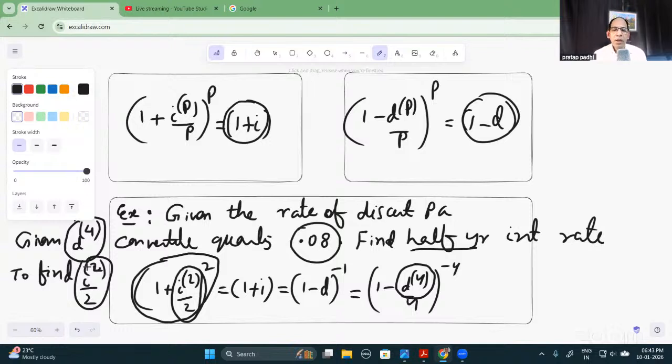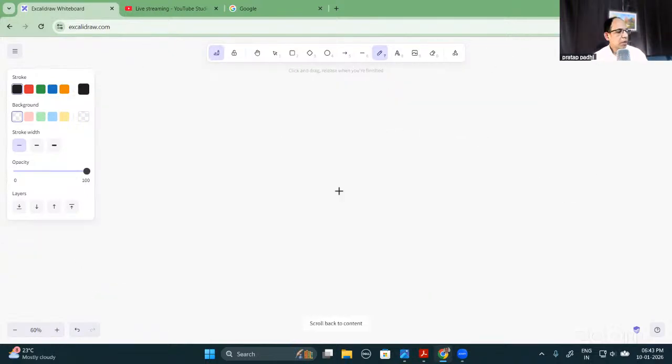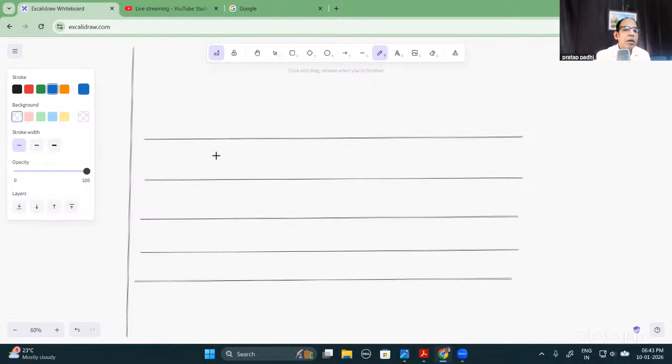Okay. Now let me go to the last part of this chapter, that is force of interest. What is force of interest? Let me start from here, then I'll give you an example.